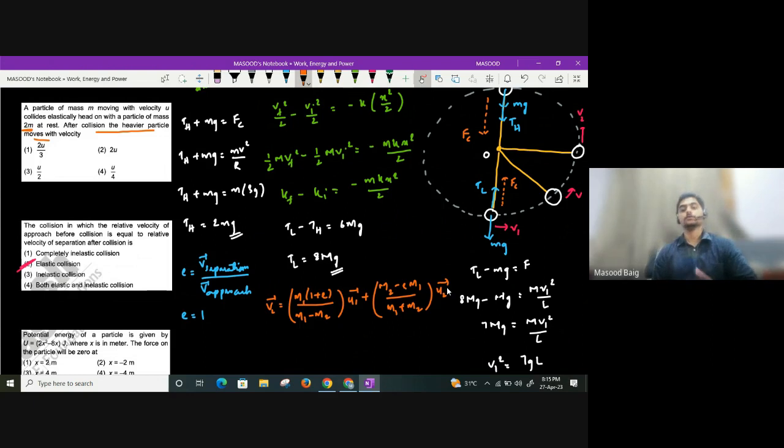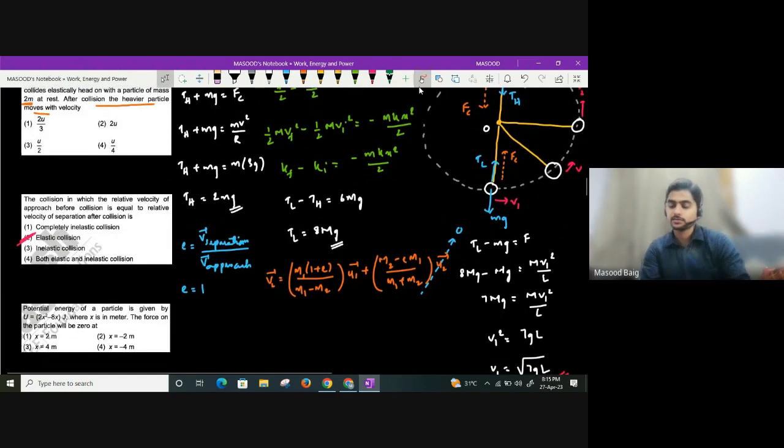Clear, all of it? This is the final velocity of the second object. Now you see, the second object is initially at rest, so u2 bar will be 0, and anything multiplied with this will be 0. So what am I going to be left with? Because elastic is given, what is the e value? 1. So what are we going to get as V2 bar?